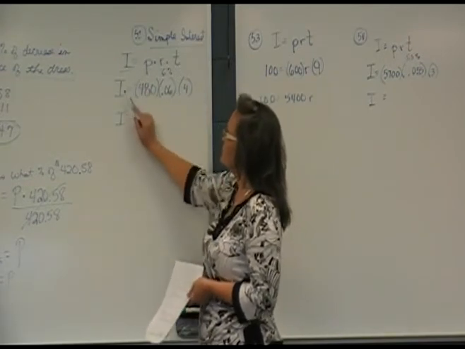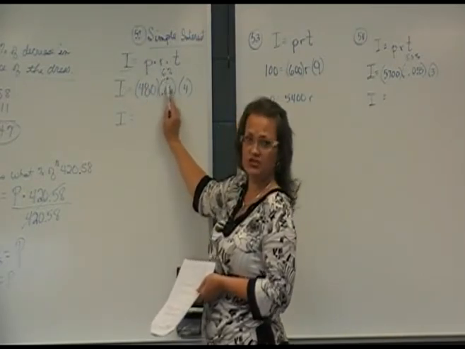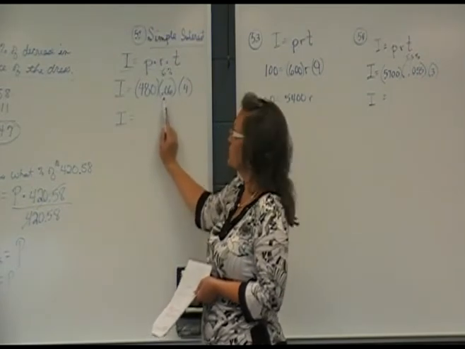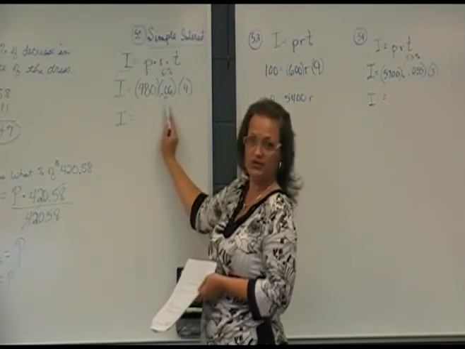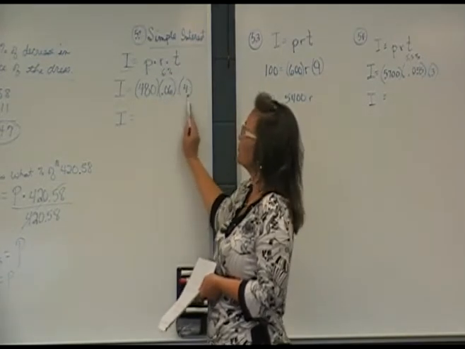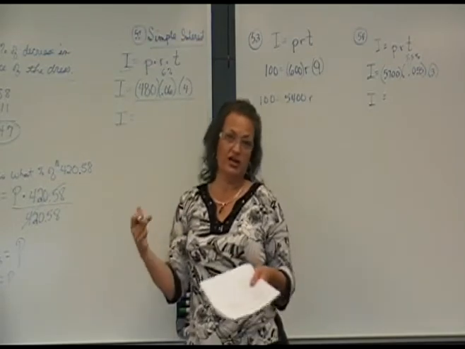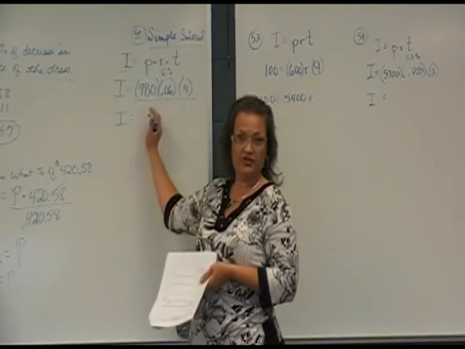So on number 52, it directly tells us the principal is $480. We've got a 6% interest rate. Remember, we always change our percents to decimals before we put them into the equation. So 2 left makes that 0.06 as a decimal, and then for 4 years. So this one is all on one side. There's really not any equation solving. Everything's on the same side. It's just simplifying that side.